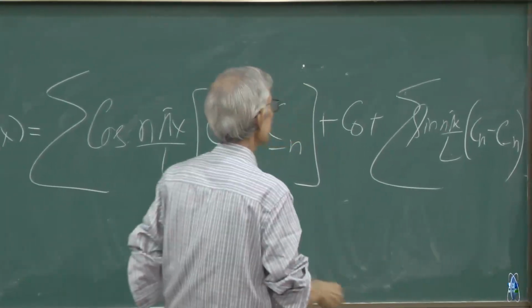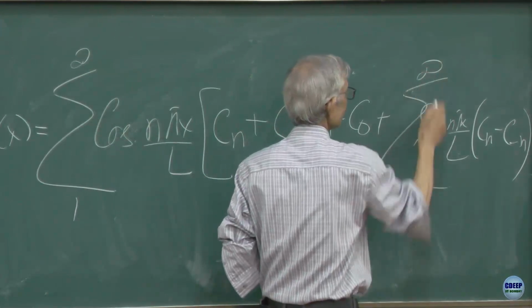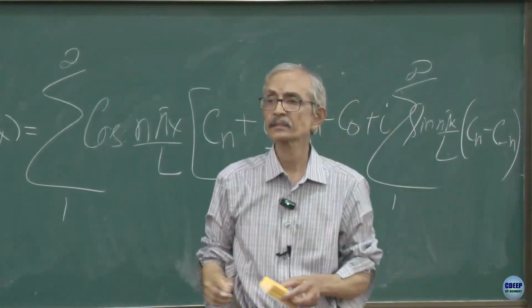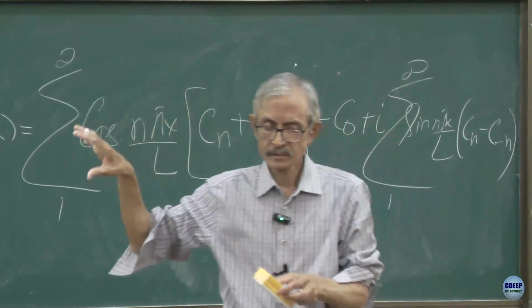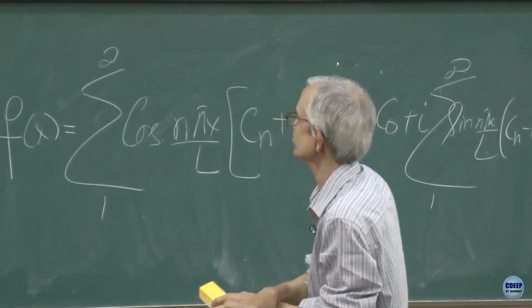This goes from 1 to infinity, and this goes from 1 to infinity, and there is an i sitting in here. This is just the same series written in terms of sines and cosines.